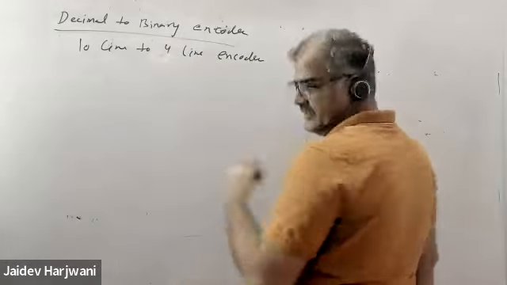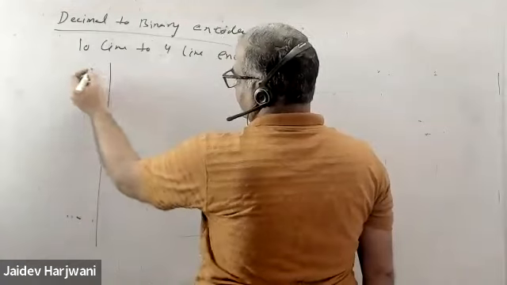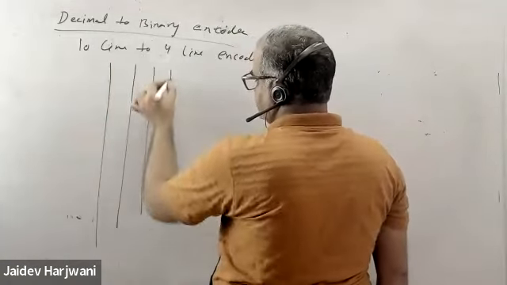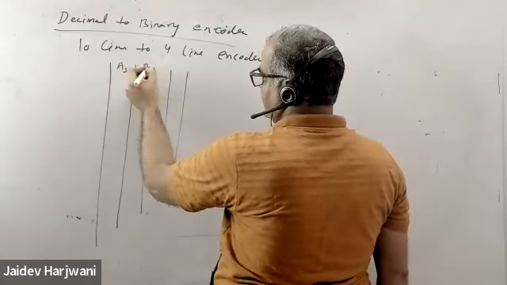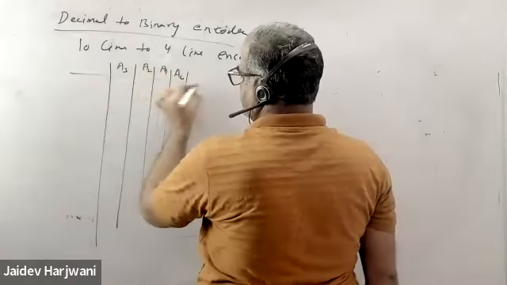Make the table like I made. This time you have 4 digits: A3, A2, A1, and A0.